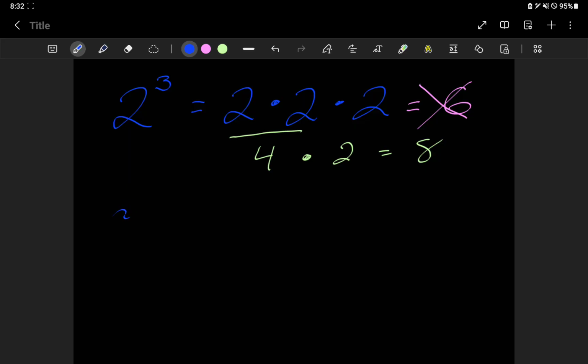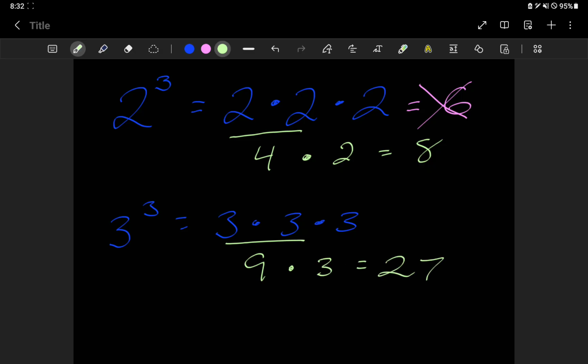Okay, so if I do 3 to the third, that's 3 times 3 times 3. Well, 3 times 3 is 9, times 3 is 27. Okay, so we just multiply it out.